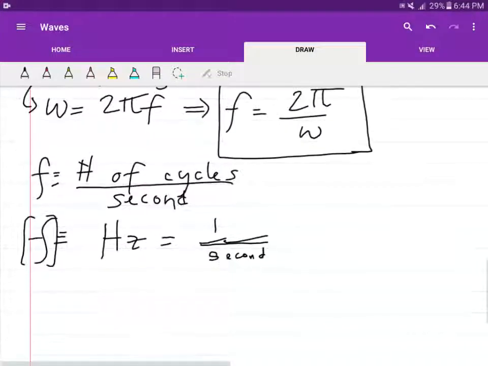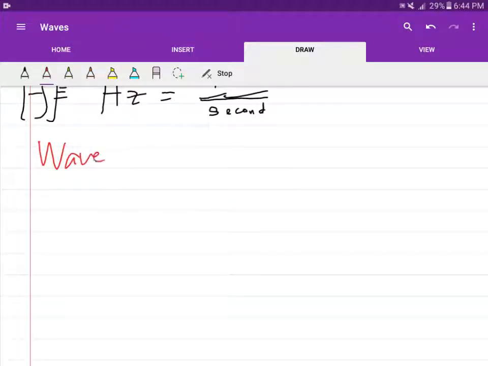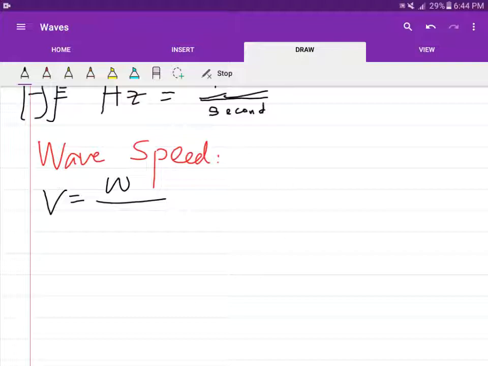So lastly, we define the speed of any periodic wave. So the wave speed is simply equal to the temporal frequency over the wave number.